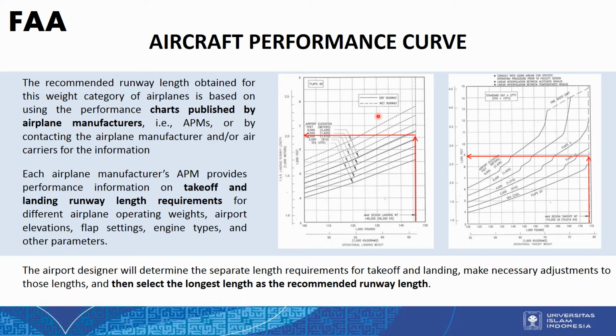And each airplane manufacturer's APM provides performance information on takeoff and landing runway length requirement. So basically we will have two kinds of aircraft performance curve. The first is for takeoff and the second is for landing.